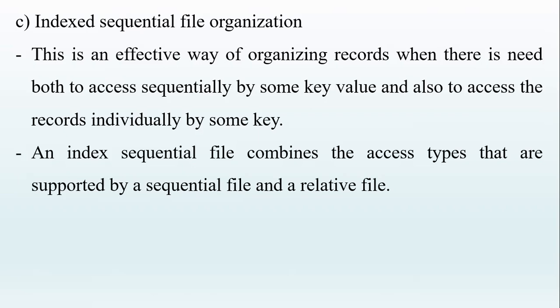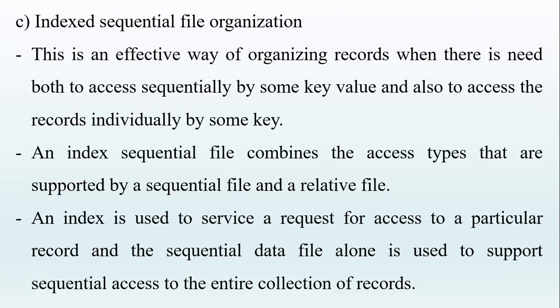An indexed sequential file combines the access types that are supported by a sequential file as well as a relative file. An index is used to service a request for access to a particular record, and the sequential data file alone is used to support sequential access to the entire collection of records.